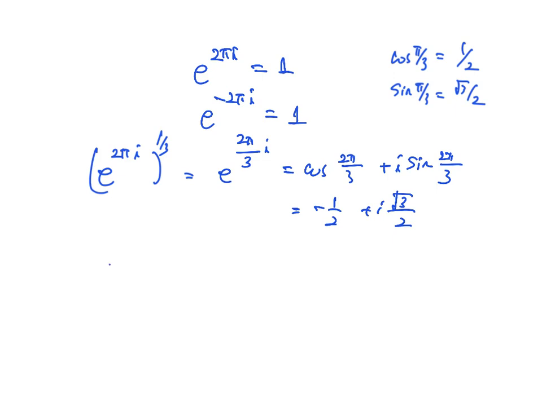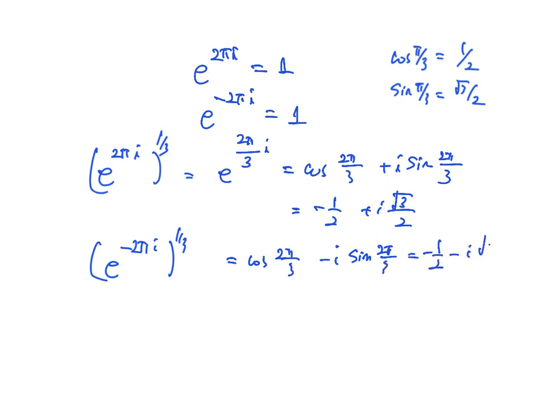On the other hand, if you take exponential minus 2 pi i to the 1/3, you get cosine 2 pi over 3 minus i sine 2 pi over 3, which is minus 1/2 minus i square root of 3 over 2. Also exponential i 0, if we take the 1/3 power, this is 1 too, right?